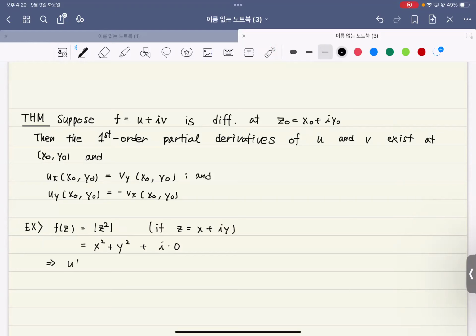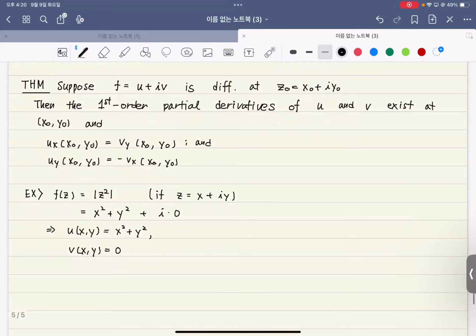So the function u is merely x squared plus y squared, and v is just 0, right? So ux is 2x and uy is 2y, and the partial derivatives of v are all 0, right? And you will need to observe that for these functions, the Cauchy-Riemann equation is only true at the origin, right?